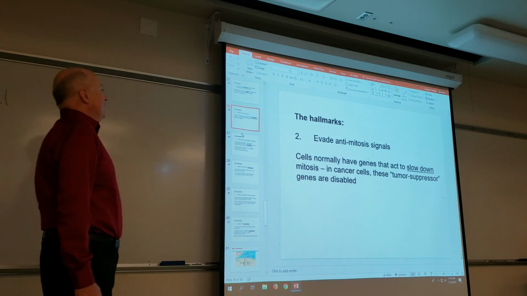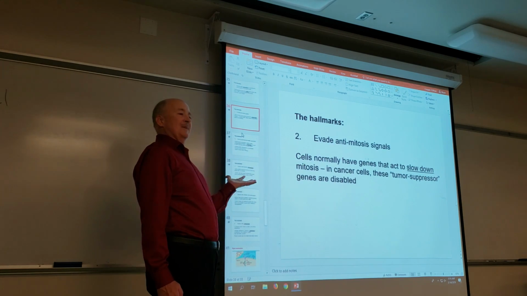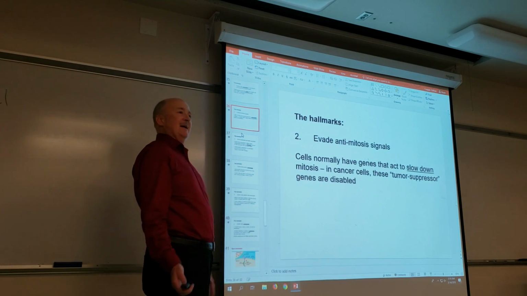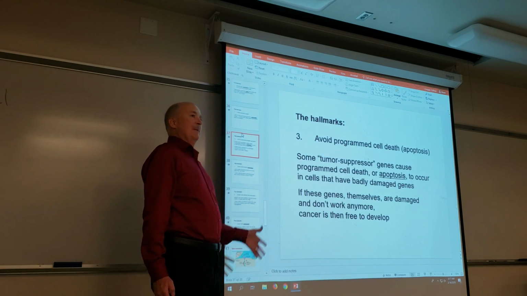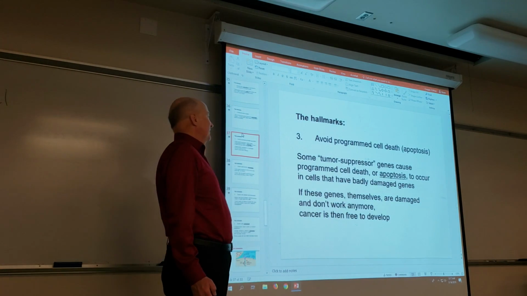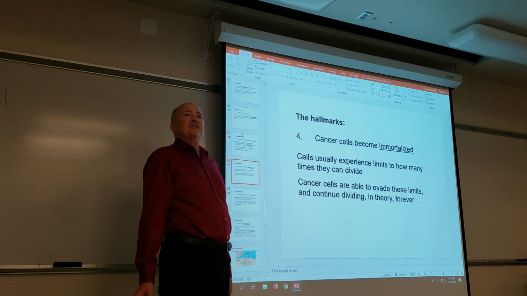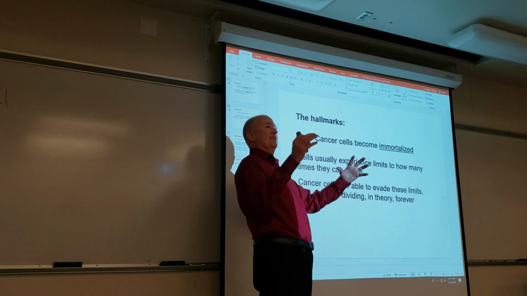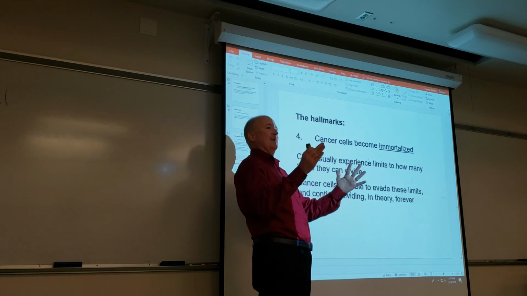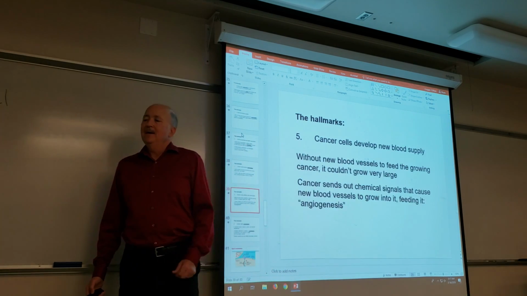And they're able to then divide no matter whether the cell is being told from outside whether it's appropriate to divide or not. They're able to avoid programmed cell death. They're able to keep dividing through, in some cases, an infinite number of cycles. Instead of having the telomeres erode off the chromosomes and eventually causing them to stop dividing, they can keep on dividing.